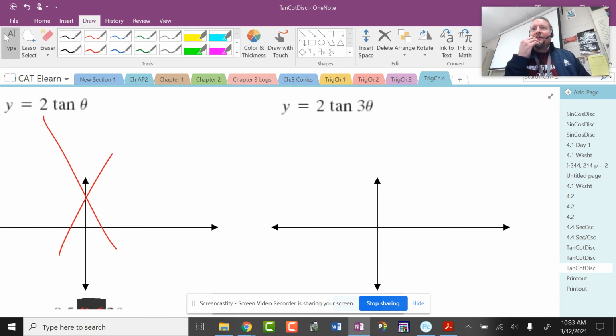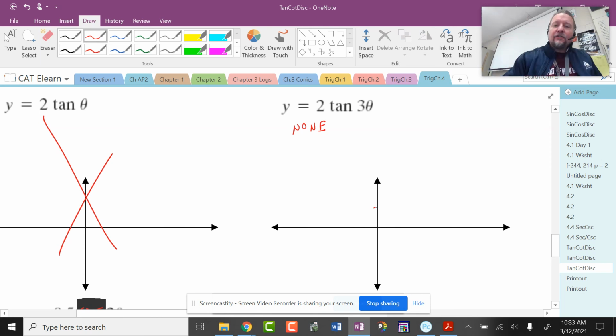Ooh, 2. Who's right? In a matching scenario, if I ask you what's the amplitude, the correct answer is none. Okay, good. All right, it is none, but the A value being 2, it's just our quarter values, the stretch or the shrink. So it's a mean question.